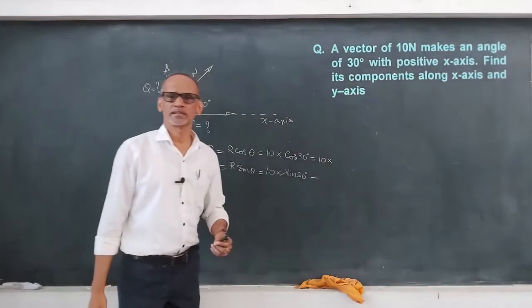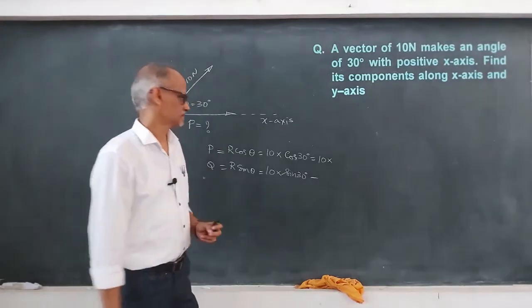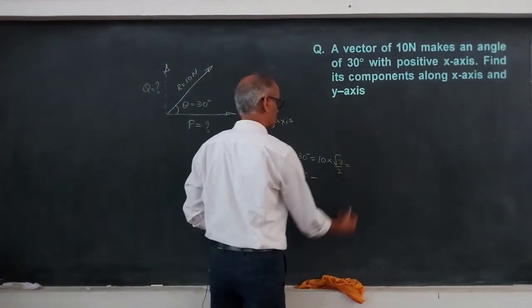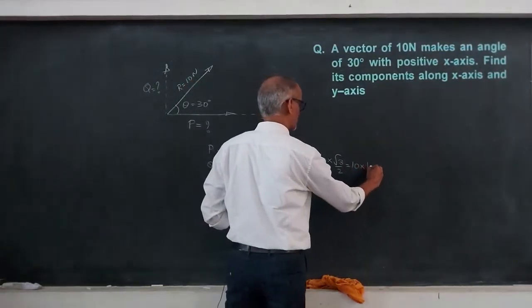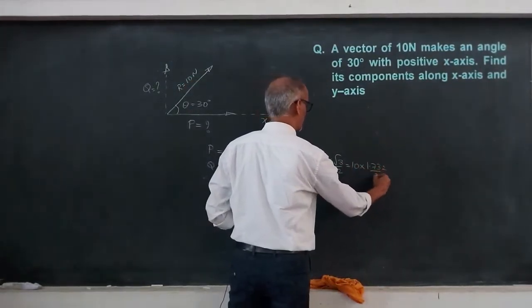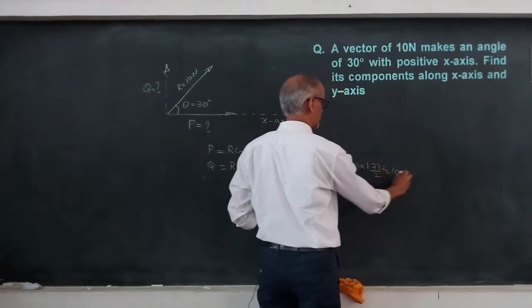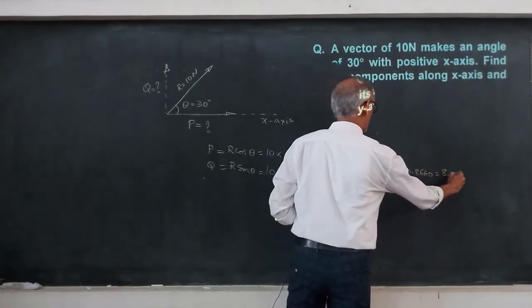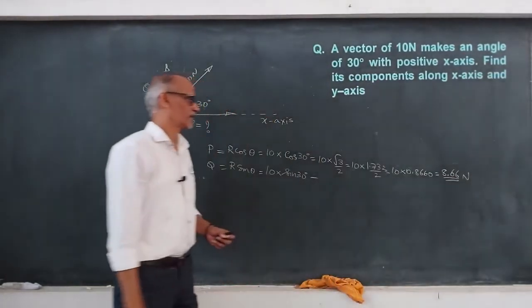What is the value of cos 30? This is a standard value. Cos 30 is root 3 by 2. Root 3 is 1.732, so 10 into 1.732 by 2 gives 8.66 Newton.